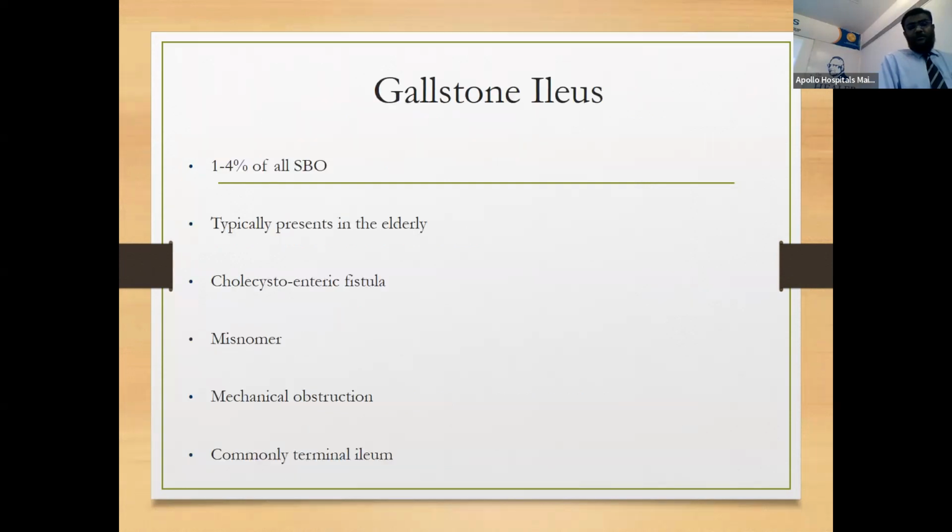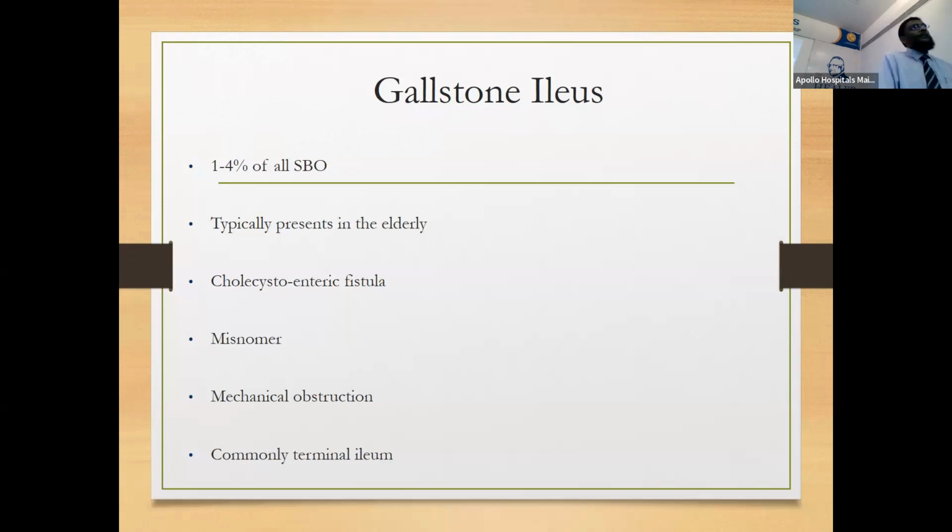So what is this? Technically it's a gallstone ileus, except that it's a very rare form of gallstone ileus. Gallstone ileus itself is a rare cause of small bowel obstruction. It's about 1 to 2% of all small bowel obstructions, and it's nothing but a cholecystoenteric fistula.